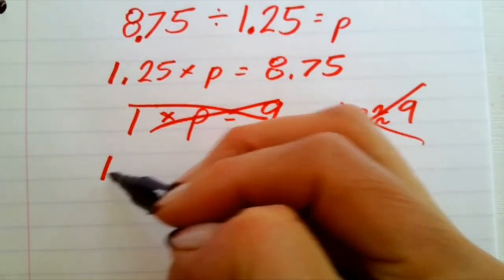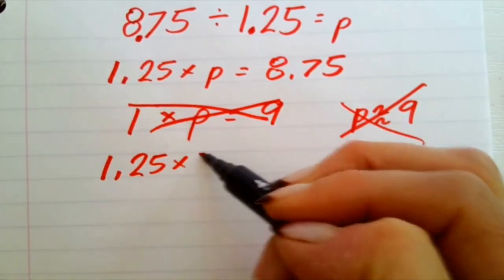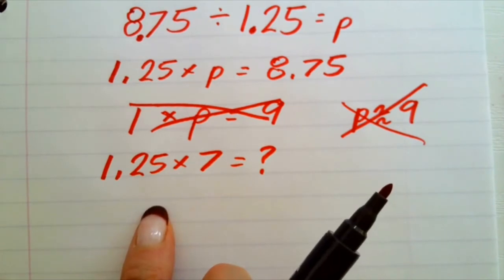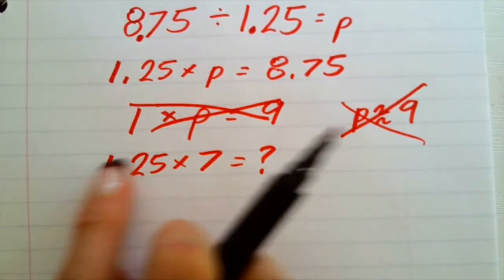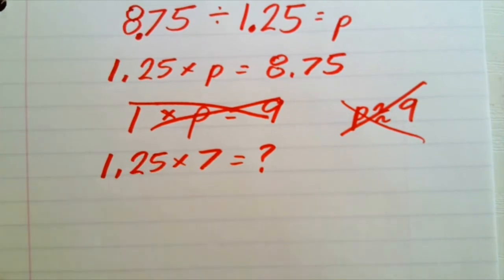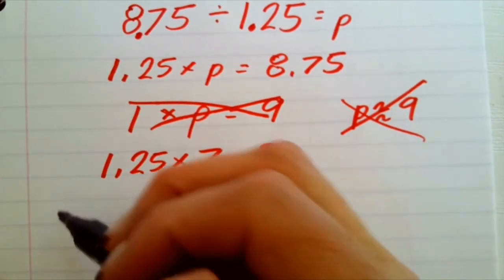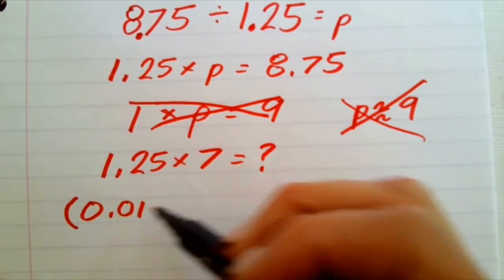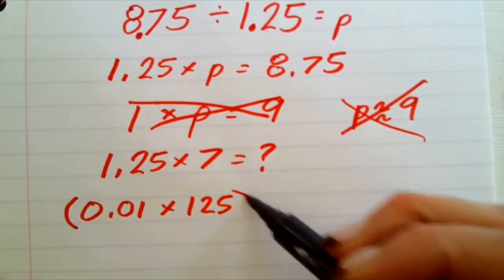So we are wondering what 1.25 times 7 equals. In order to do this, we can look at the whole number part and the fraction part separately. This is the same thing as one hundredth times 125.